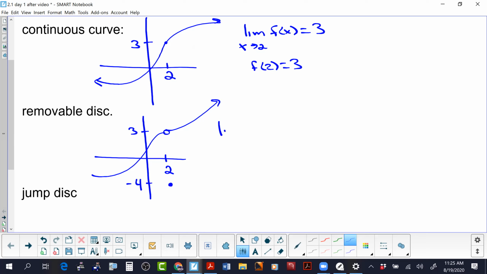We would say that the limit as x approaches 2 of the function is still equal to 3. It's approaching 3. This function is in no way approaching -4 at all. But when we get there, f of 2 is equal to -4. So this is a removable situation. If we could just fill in that one point, we would remove the discontinuity.